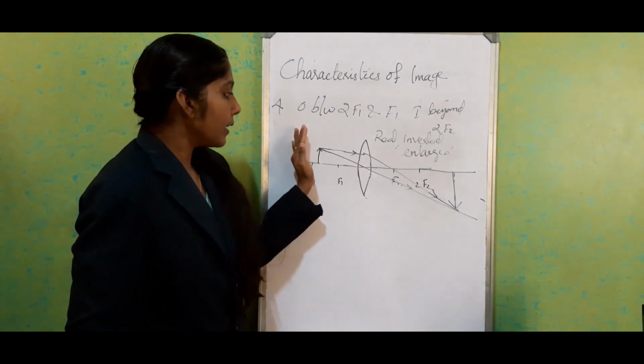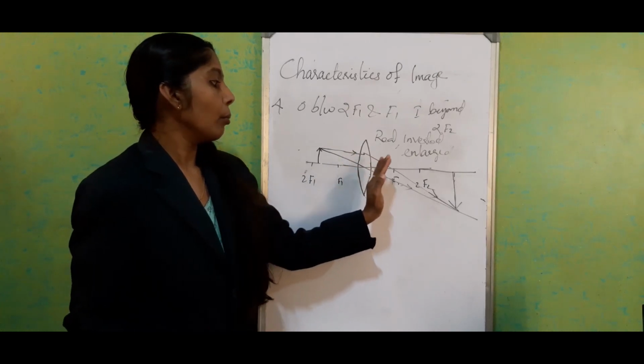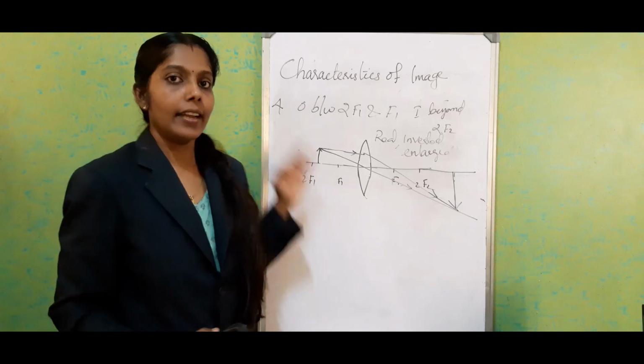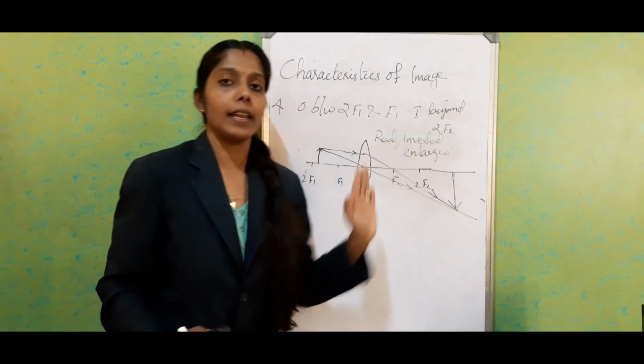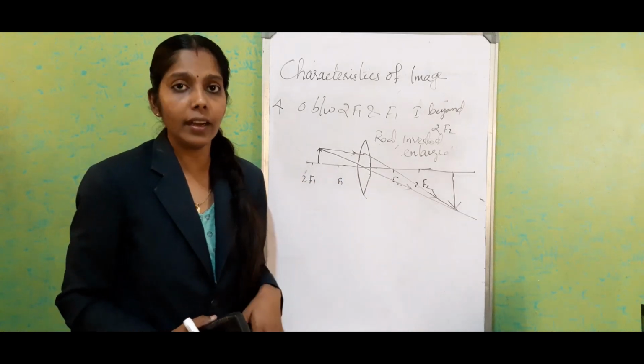When the object is coming closer to the lens, the image is moving away and slowly increasing its size.